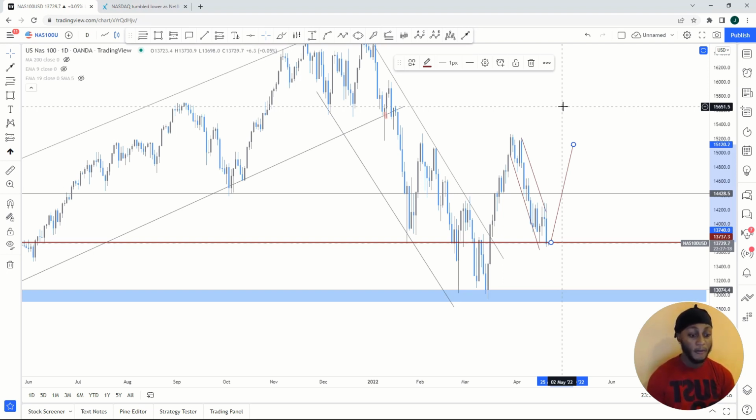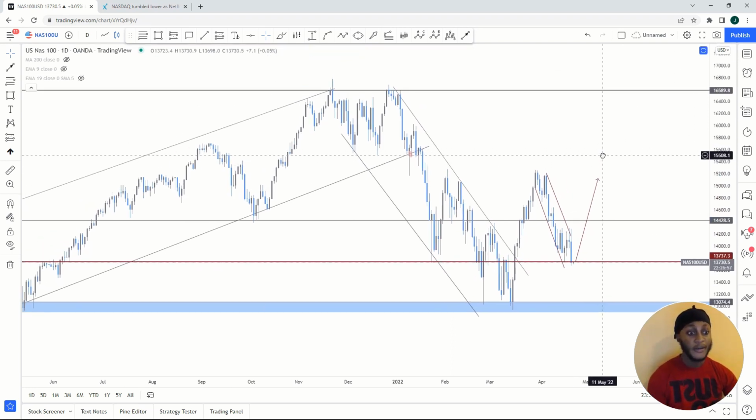For example, Apple, I think their market cap is around 5 point something trillion. So if Apple isn't doing well, then you're going to find Nasdaq not really doing well, because they have a greater market cap value that can affect the indices. So just be aware of that, and understand the fundamentals behind your technicals.